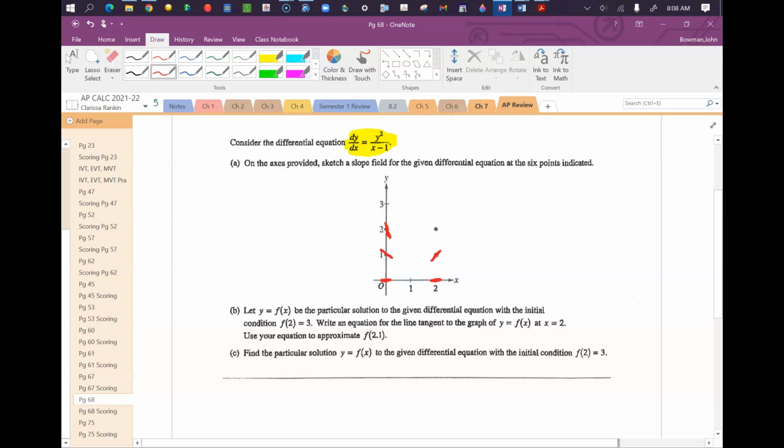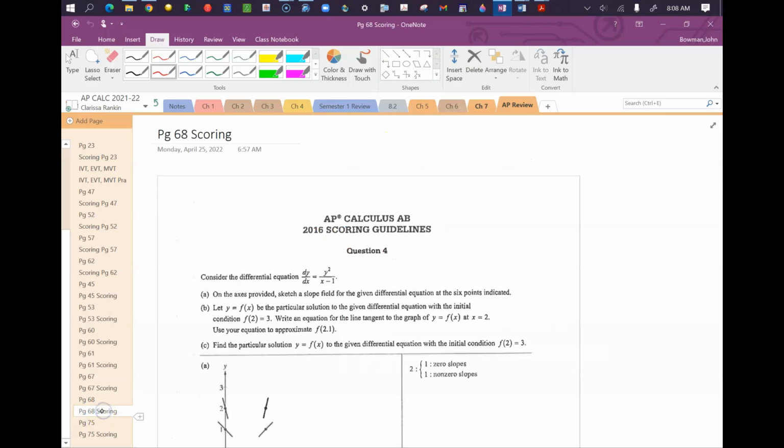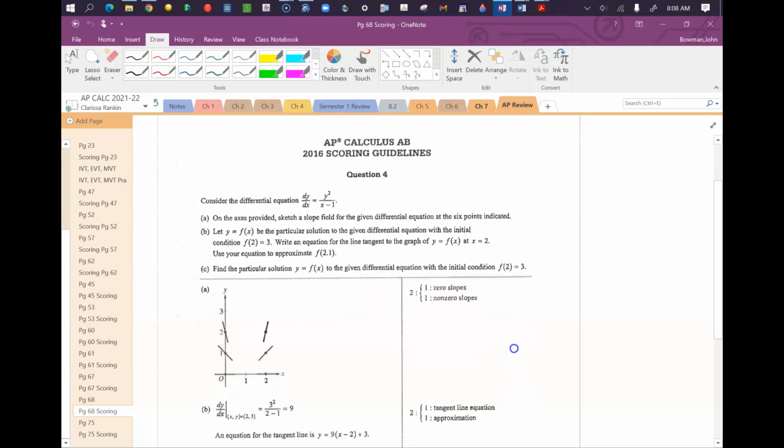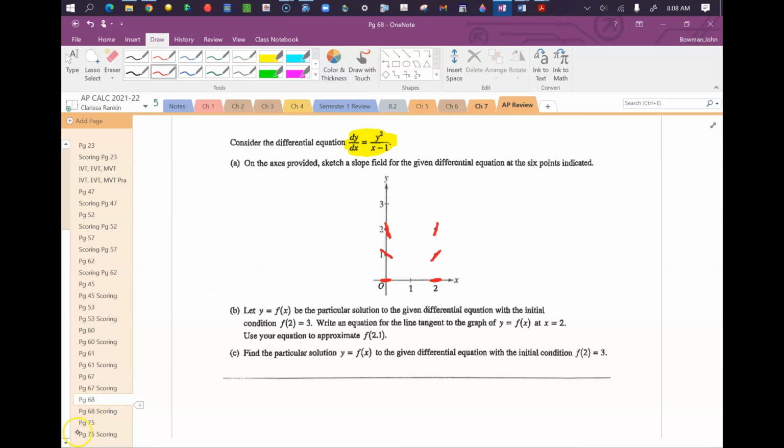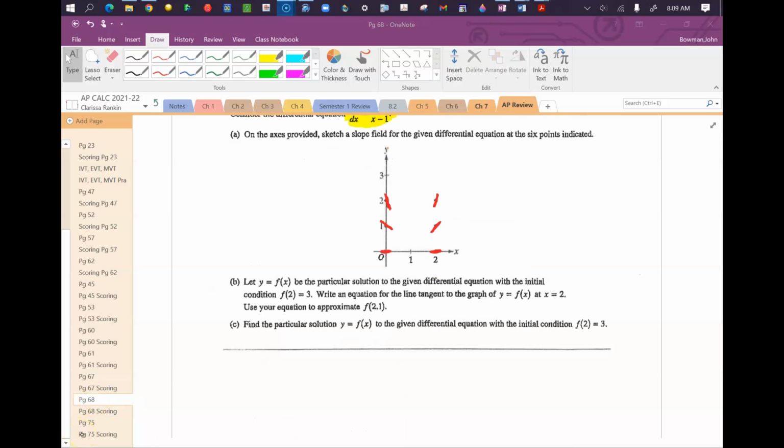So we have 2 squared over 1, which is +4, so make that more obvious. As far as the scoring is concerned on that, you get 2 points, one for the 0 slopes and one for the non-zero slopes.